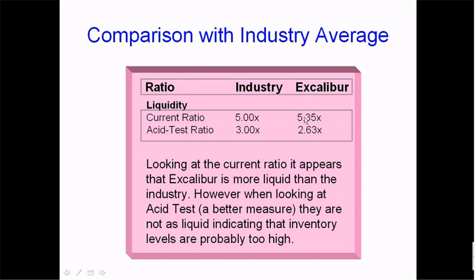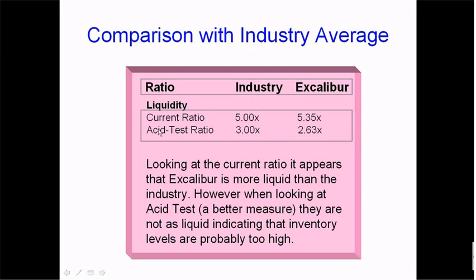Okay, that means for Excalibur, every $1 of current liabilities that they have 5.35 times of current assets, which they can use to pay off the current liabilities. But for industry average is only 5 times. So you can see that Excalibur has more assets readily available to pay off its current liabilities compared to the industry.